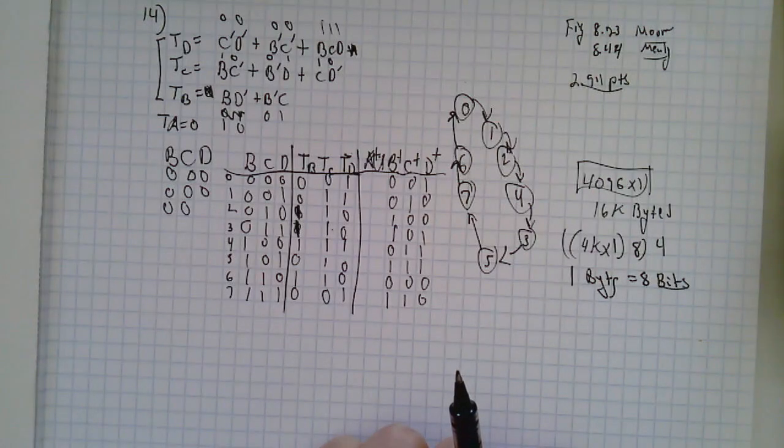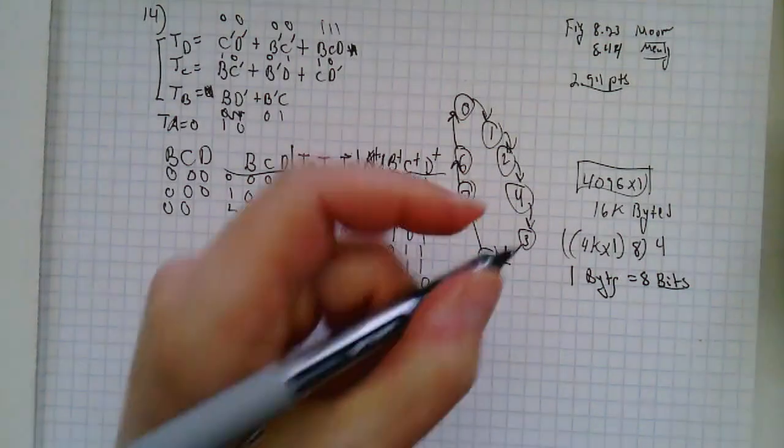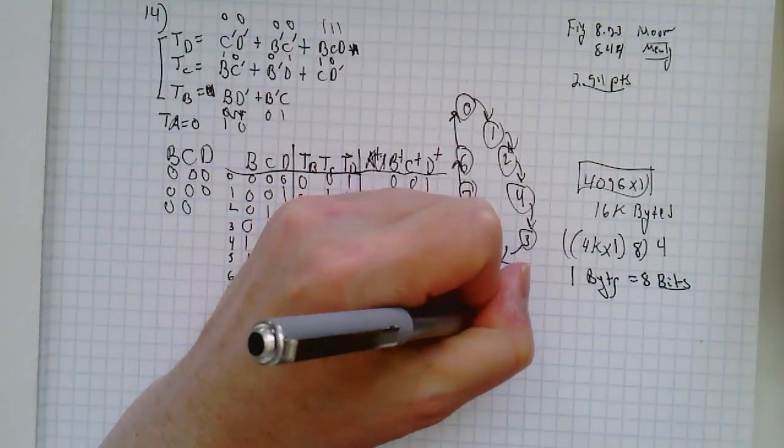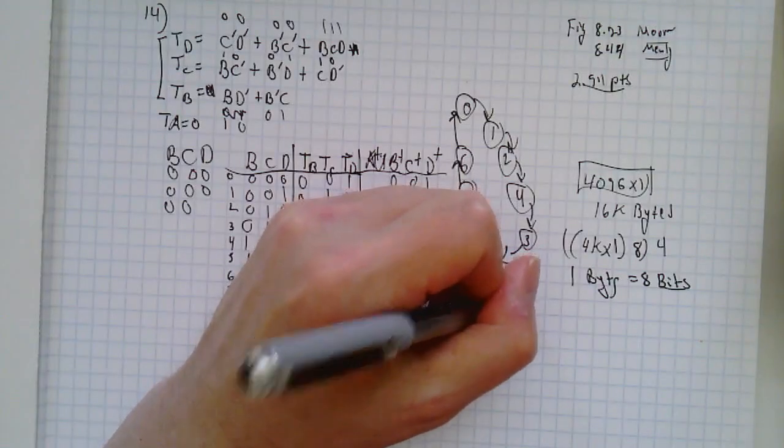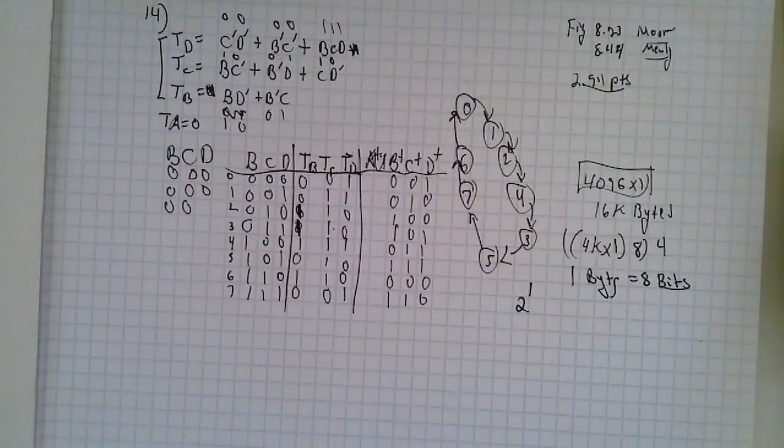Now 16K, not to put too fine a point on it, is 2 to an integral power of 2. 16 bits is 65,536, and 15 bits is 32K, and so 2 to the 14 is 16K.